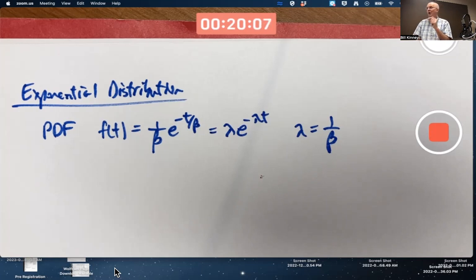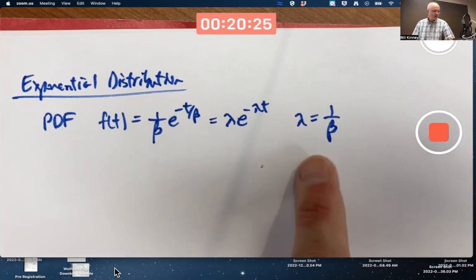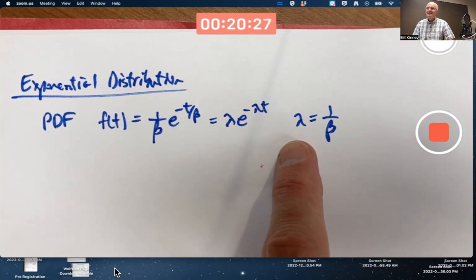So maybe if you're counting earthquakes during a year, and S is 1 year representing your measurement unit, and lambda back in chapter 3 is representing the average number of earthquakes in a year, 12 for once a month, lambda would be 12 in that context.